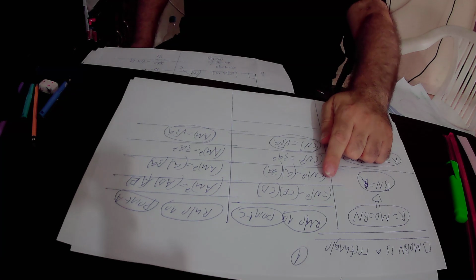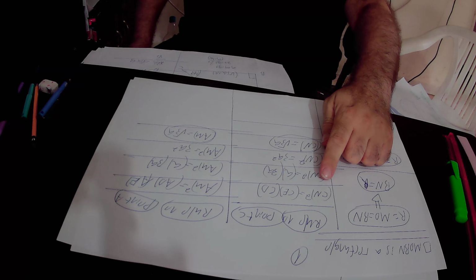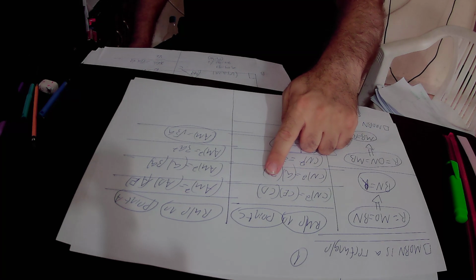I'll repeat again: from the external point C, CN square equals CE times CD.